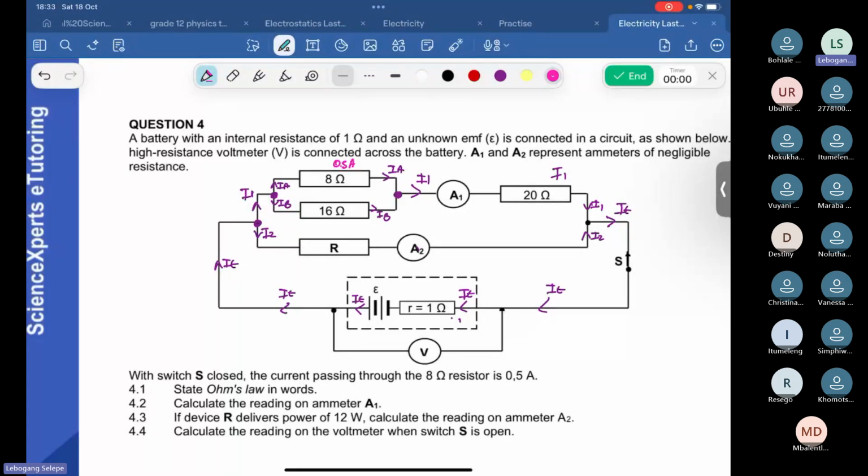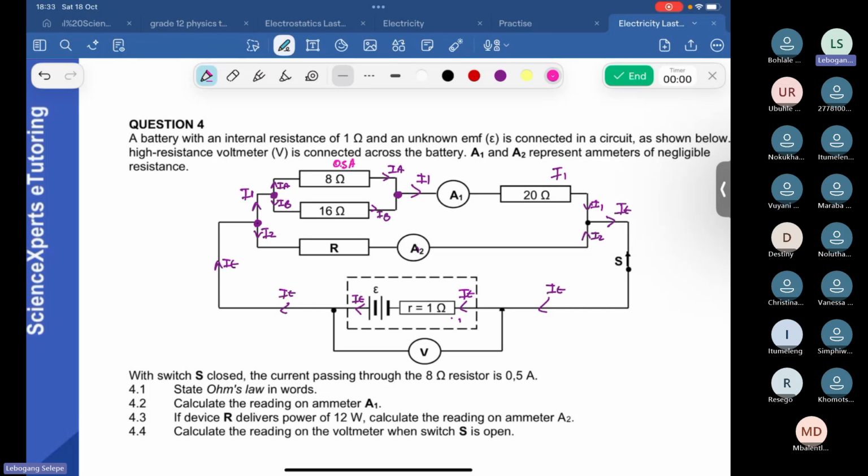State Ohm's law in words. What does Ohm's law say, guys? Let's say the EMF across the conductor is directly proportional to the current in the conductor at constant temperature.